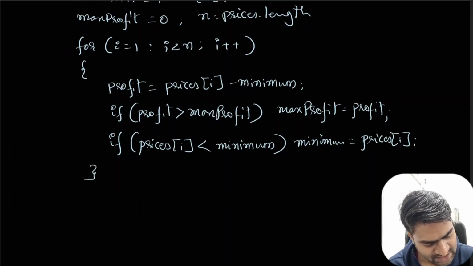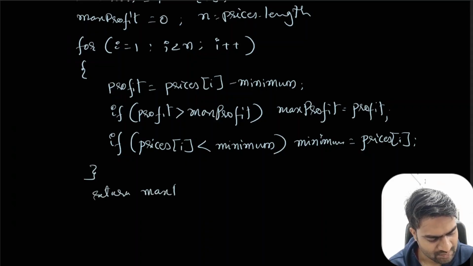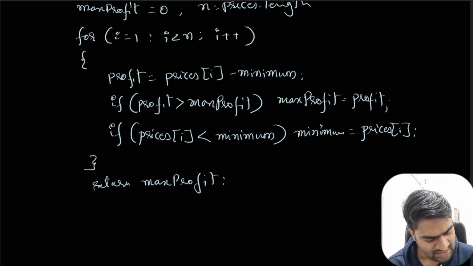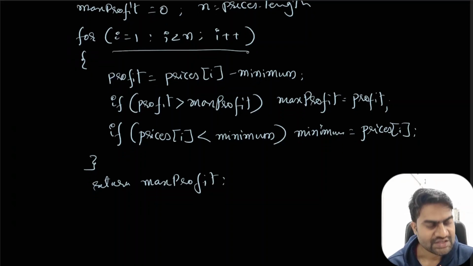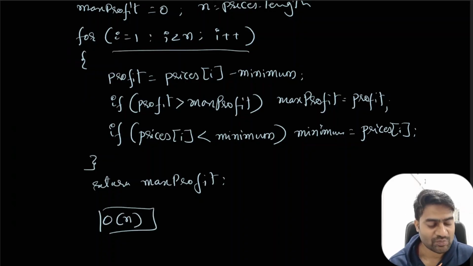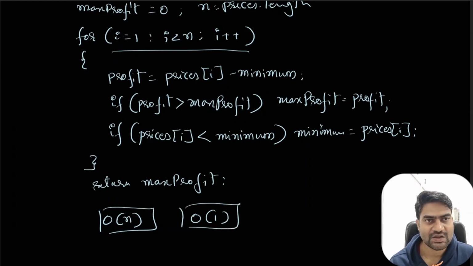And finally, I will return my max profit. Okay. So if you see, we are using only one iteration. So it is of order n. This is the time complexity, and we are not using any space. That's why it is of order 1. So this is the optimal solution.